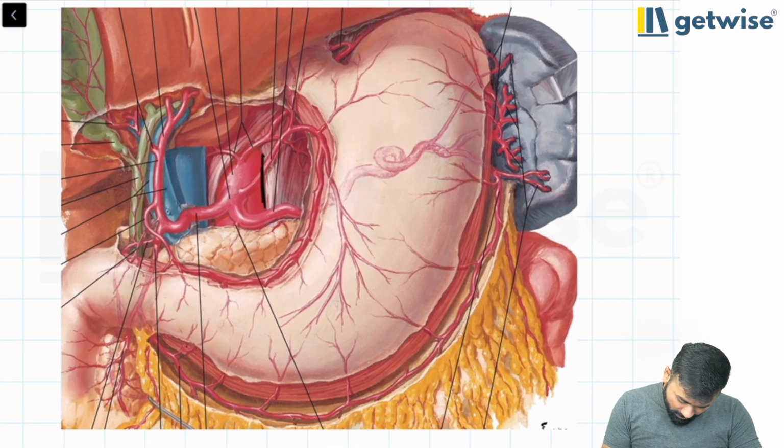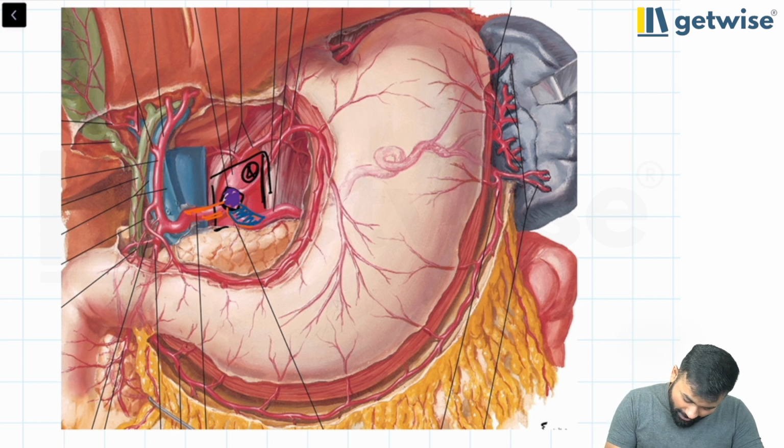This broad thing is the aorta, and this is the celiac trunk. The structure highlighted in purple is the celiac trunk, and it is giving two branches. This is the hepatic artery and this is the splenic artery. This blue thing is the splenic artery and the black thing is the hepatic artery.